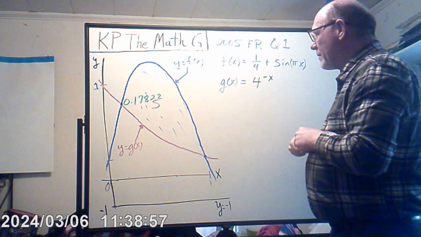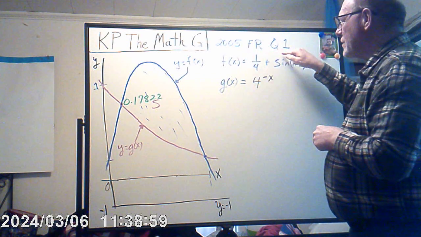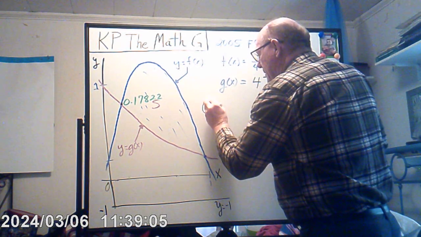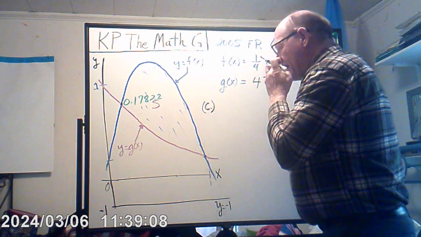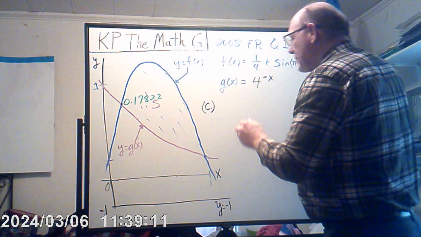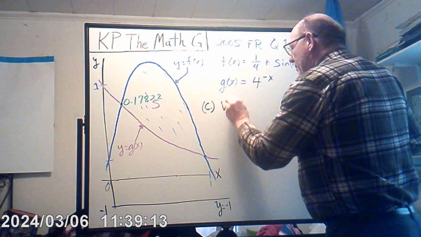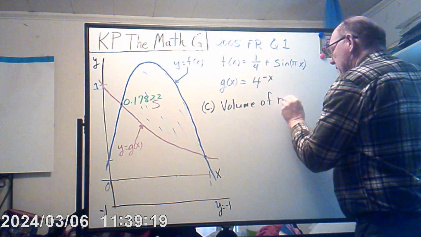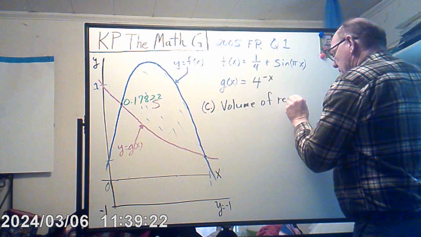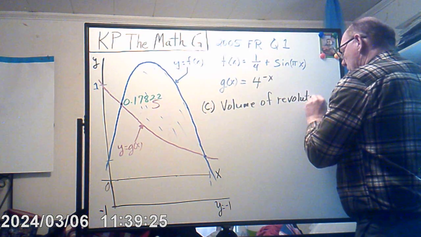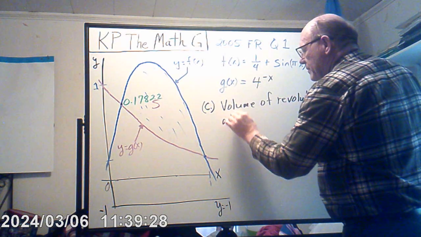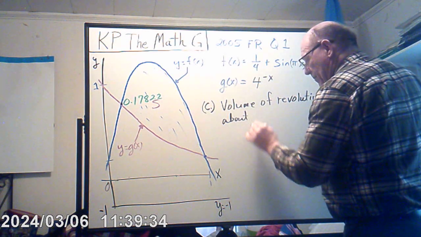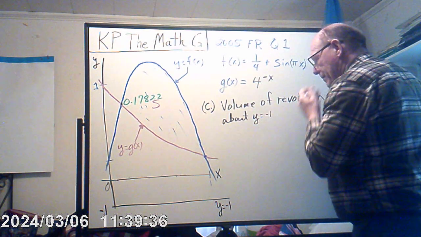And so what we are doing is the 2005 free response question 1. We are doing part C, and part C is to find the volume of revolution about y equals -1.